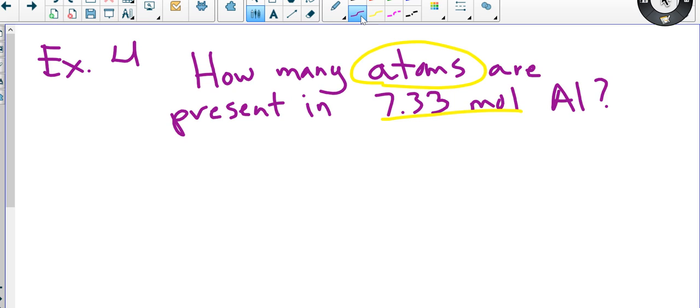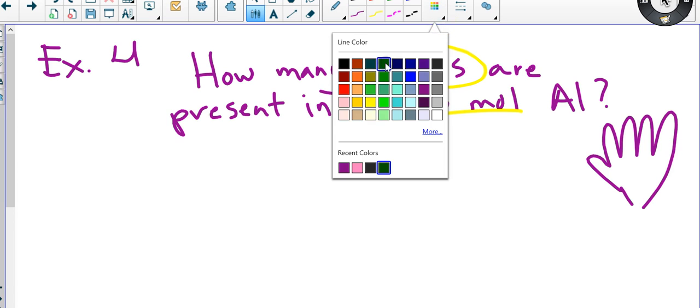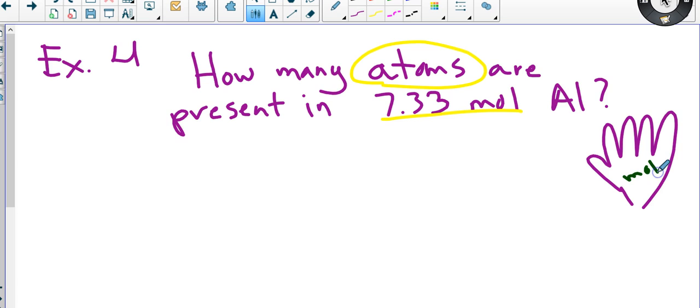Put the unit that you're trying to cancel on the bottom of the second fraction. When you write your answer, make sure you have units.